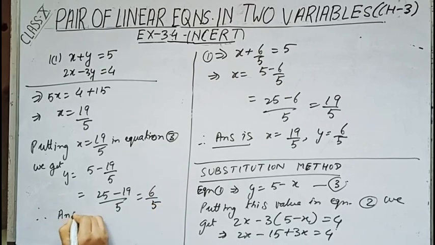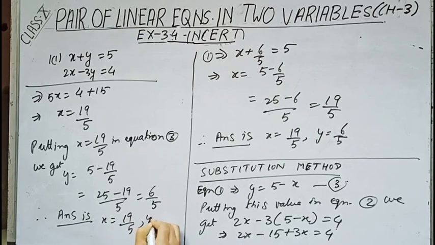Therefore, the answer is x equals 19 by 5 and y equals 6 by 5.